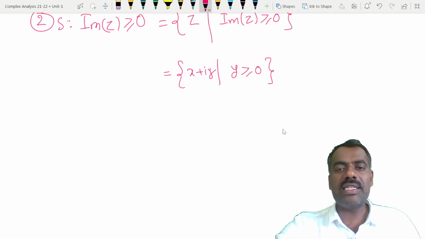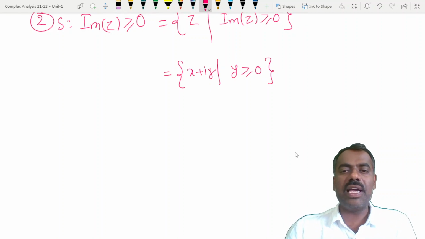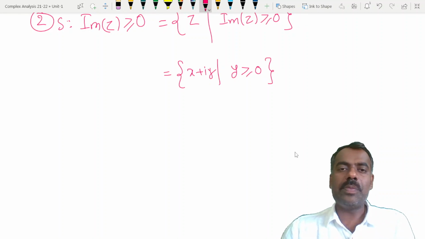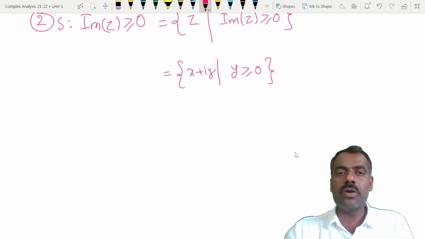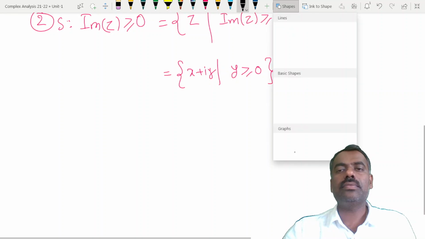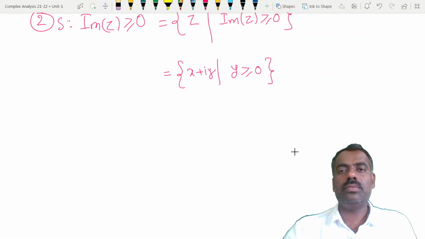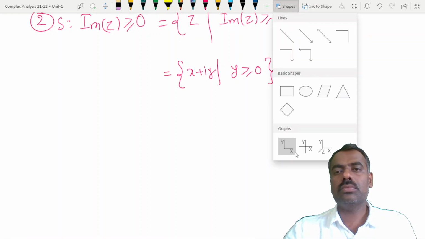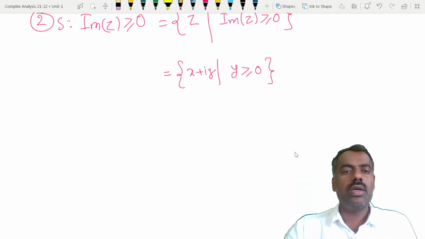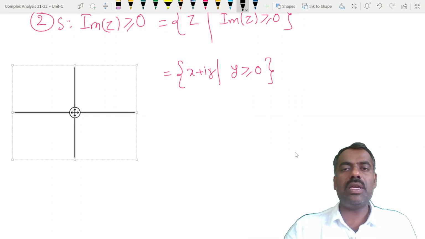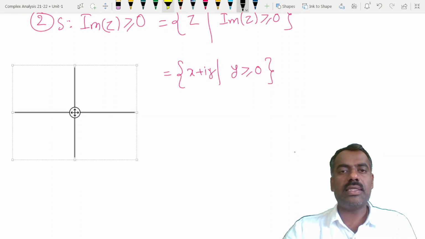So what condition is required? The condition is only for the imaginary part, which is greater than or equal to 0. That means there is no condition on x. Yes or no? So how does your graph look like? Suppose I take this graph, then tell me where will be this S?